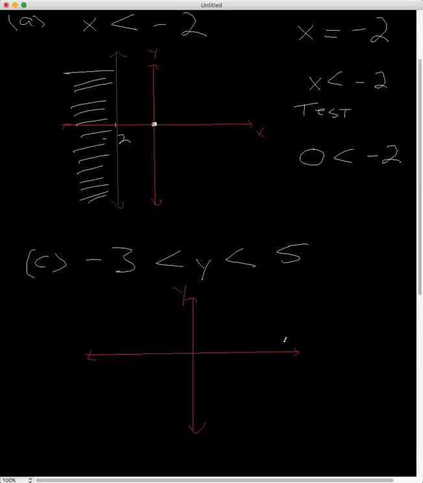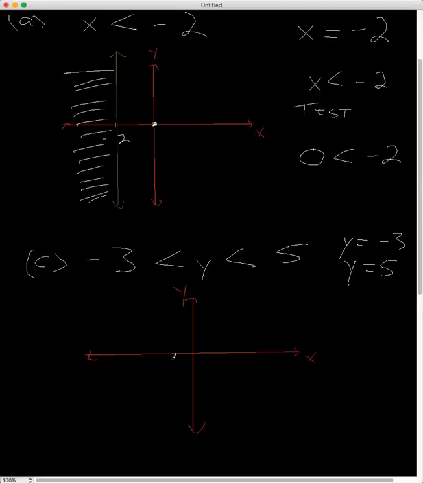Here's our y-axis, our x-axis. Now we're going to put our values on these axes. Let's look at y is equal to -3. I can break this up and check where y is equal to -3, and also where y is equal to 5. So I'm going to graph both of these lines. Sorry, that's the x-axis.